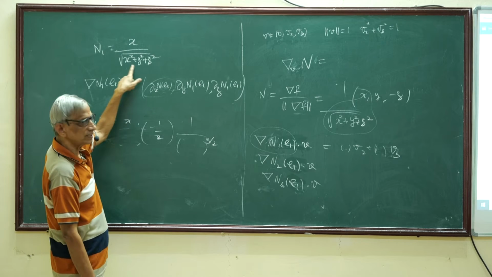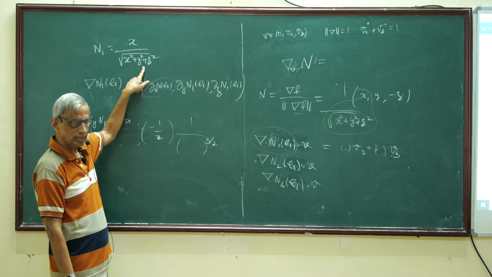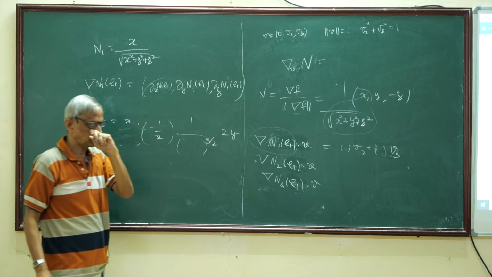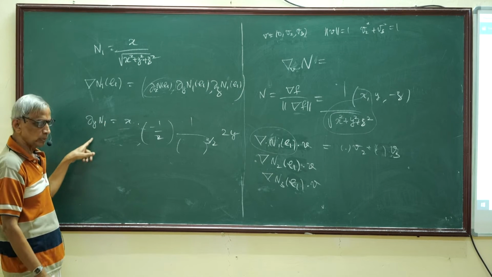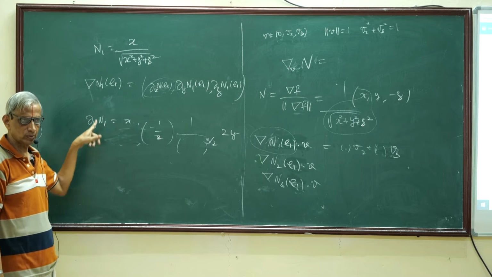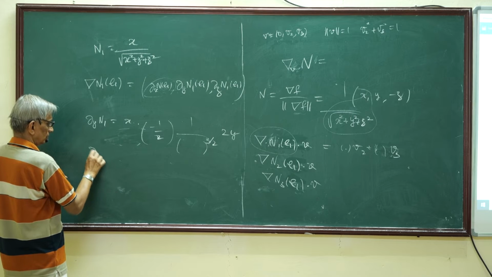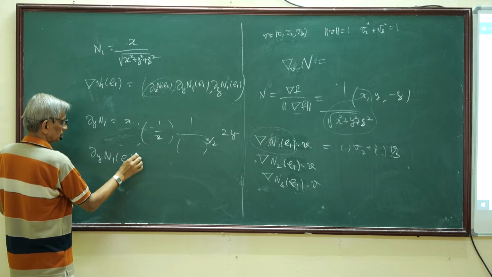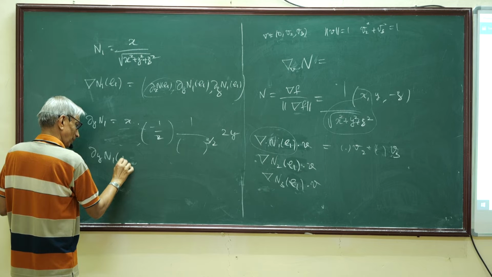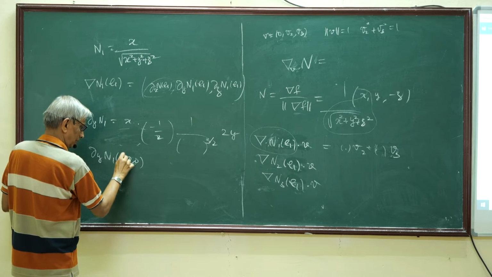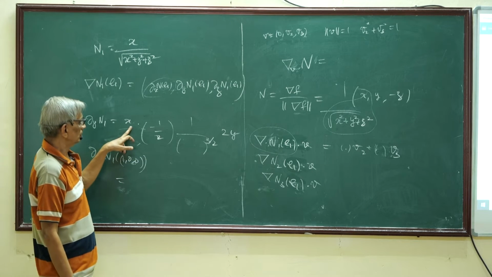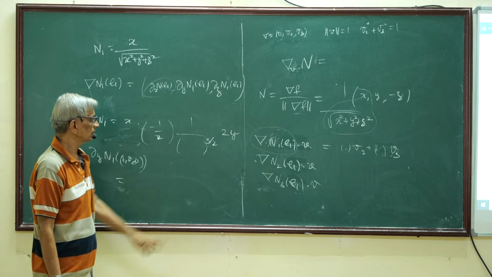And then you differentiate this with respect to y, so you are going to get 2y. But then you evaluate at (1, 0, 0), so this 2 goes.